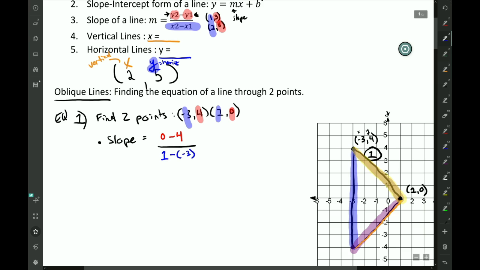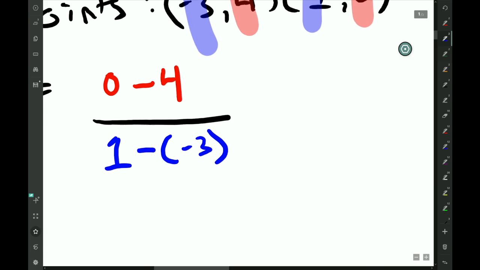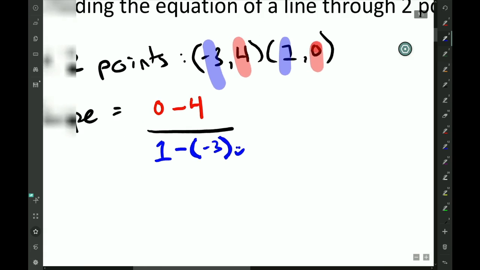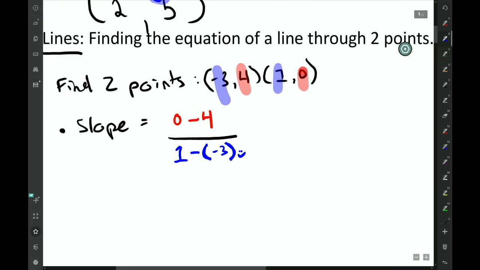Don't forget, if it's negative, it's really minus the negative, so put them in parentheses. Now, 0 minus 4 is -4. 1 minus -3 is really 1 plus 3, or 4, and that means my slope is -1. That's m.